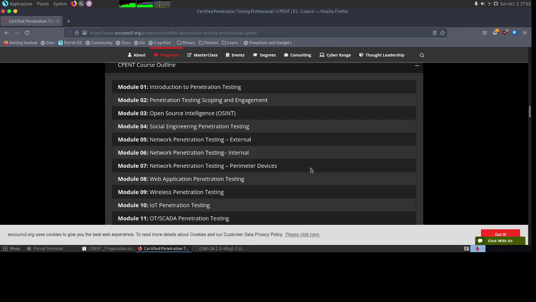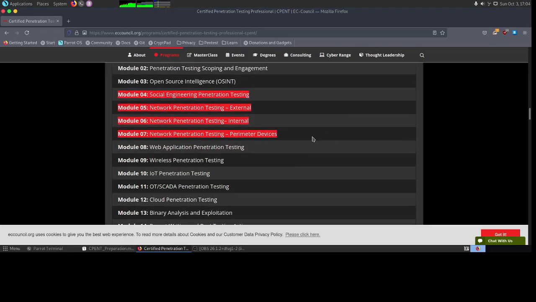Although these firewalls are not very complicated and are very straightforward, and you can bypass them, because if you cannot, then it becomes difficult to pass the exam. So definitely you can bypass them, but you have to understand which firewall is in place and how to bypass it. So these are very important modules for CPENT.